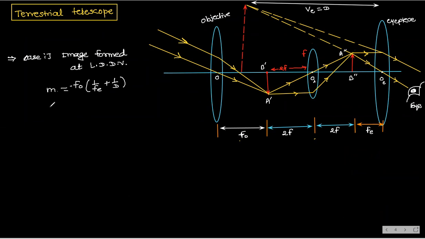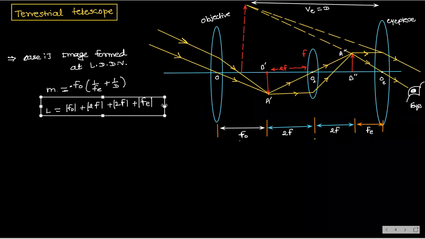Okay, and the length of the tube L is equal to, you can see in the diagram, the total addition of f naught in magnitude plus this 2f plus again this 2f plus again this fe. So this complete is the length of the tube in this case, that is the terrestrial telescope.